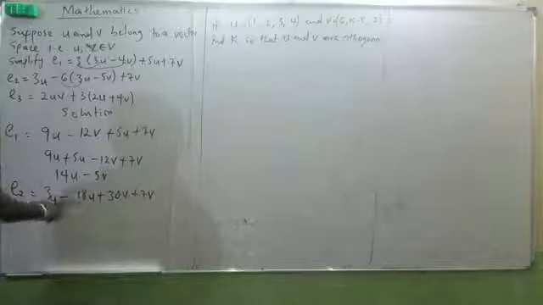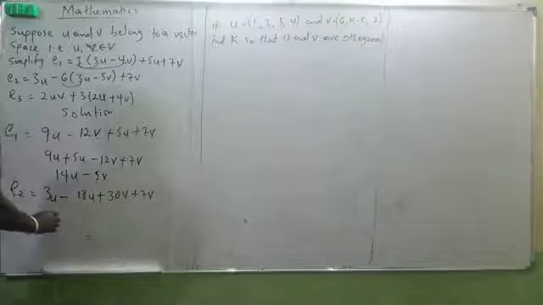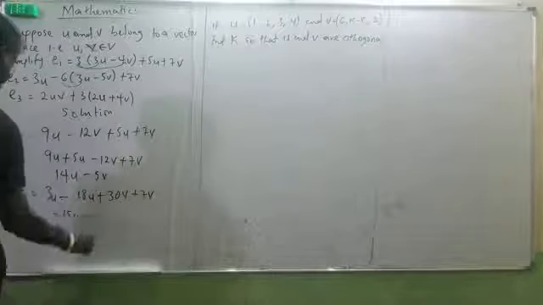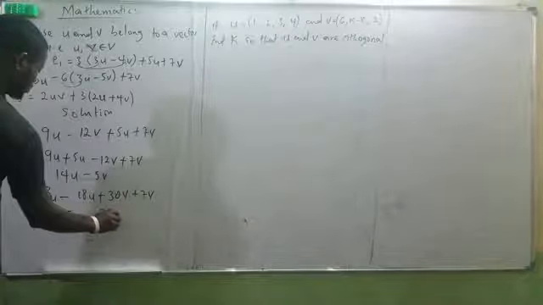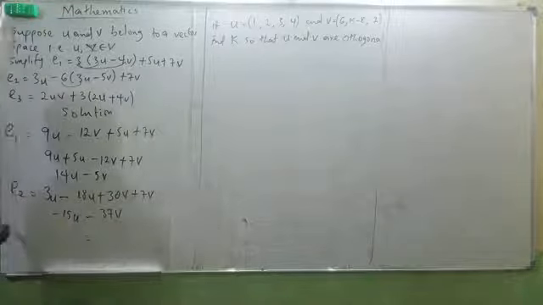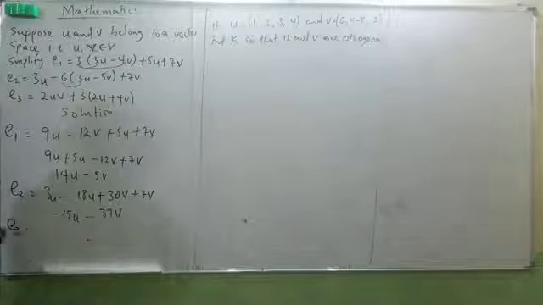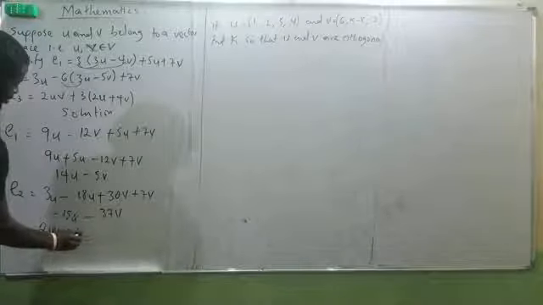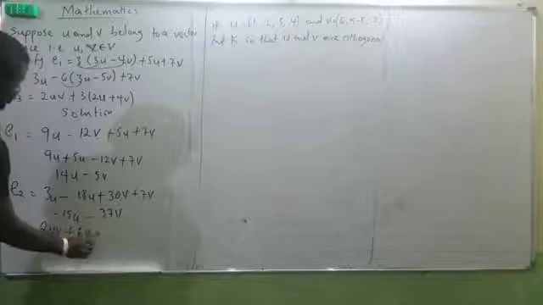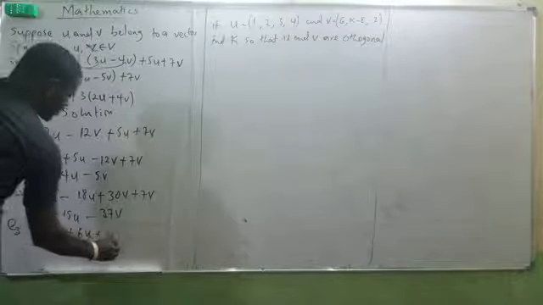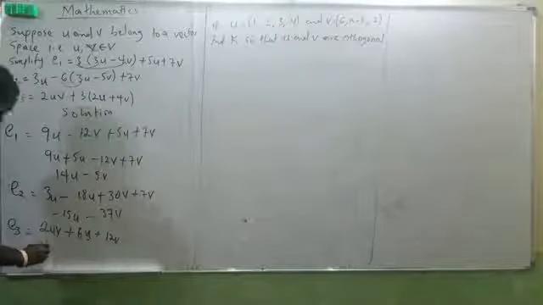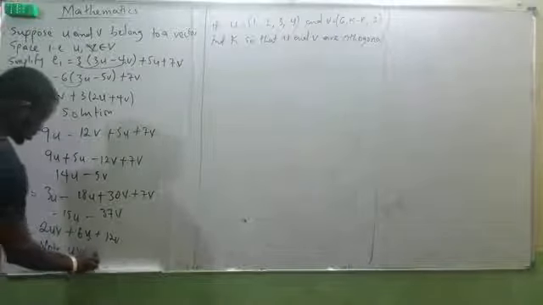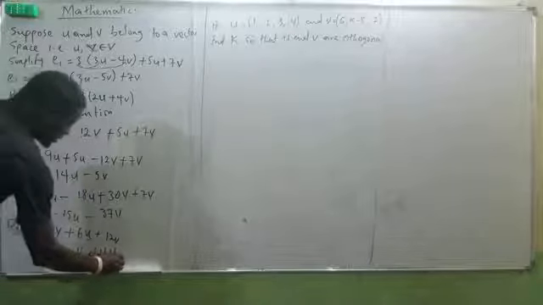Now, this and this will give me minus 15u, and this will give me 37v. Now my u3, I'll be having 2uv plus 6u plus 12v. Note that uv does not exist. Please take note of that.